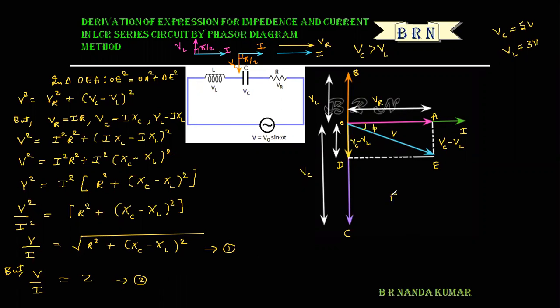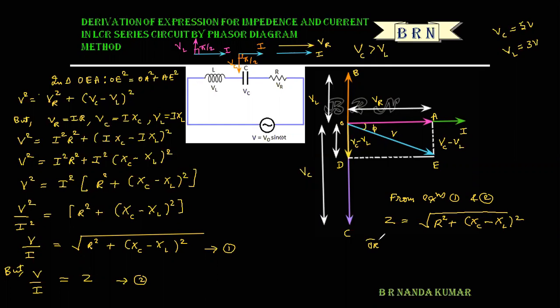Now from equations 1 and 2, we can conclude that Z is equal to the square root of R squared plus XC minus XL whole square.